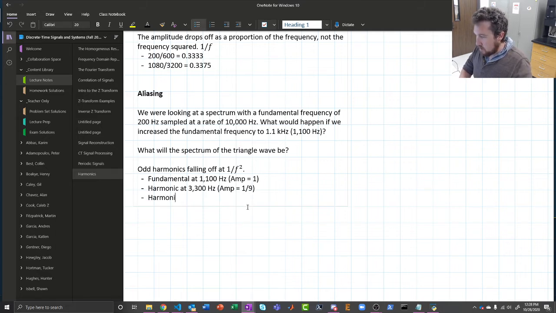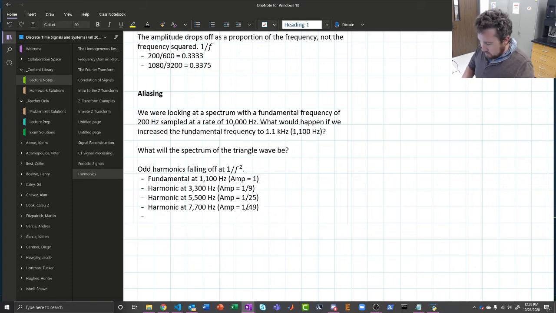And then a harmonic at 5,500 hertz at an amplitude equals 1/25. And then a harmonic at what? 7,700 hertz at an amplitude that is 1/49th, right? This is what we expect, right?